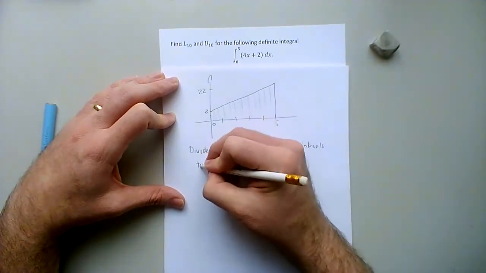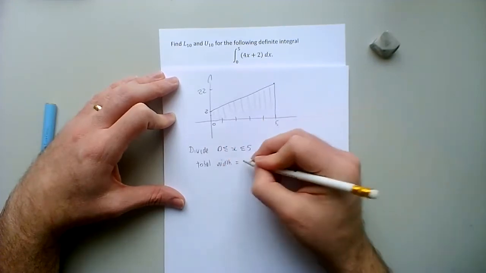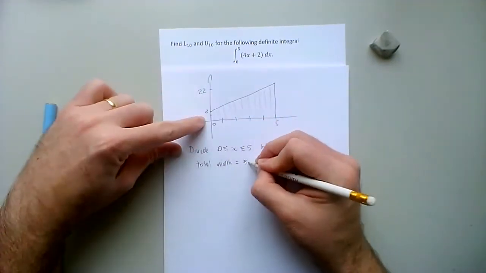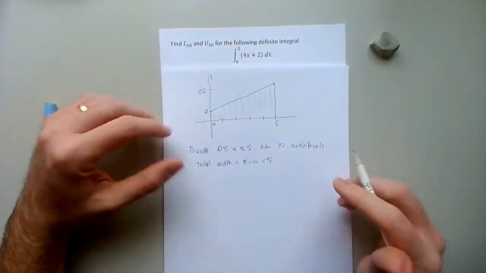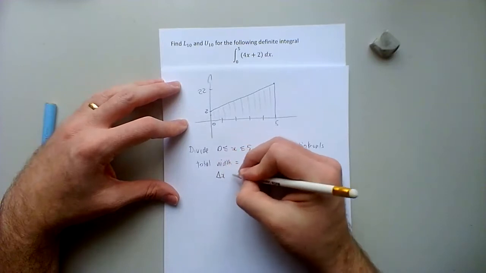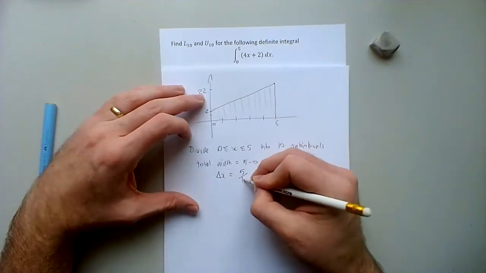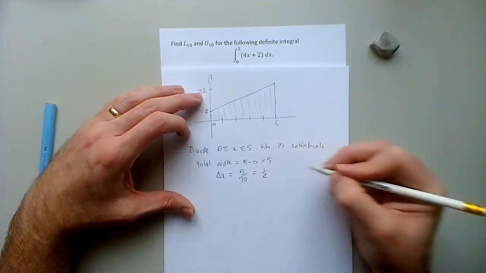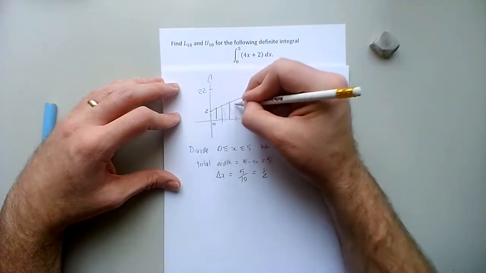The total width is end minus beginning, so 5. I didn't really need to calculate that, but I like to do all the steps. And then the width of each interval, which is called delta x, is the total width divided by the number of pieces, which is 10, so that's a half. Okay, so it looks like we divide this into halves.